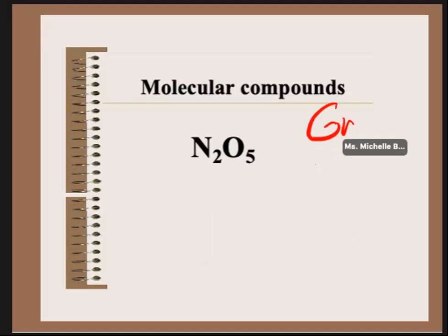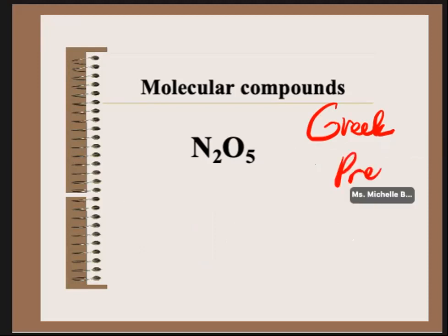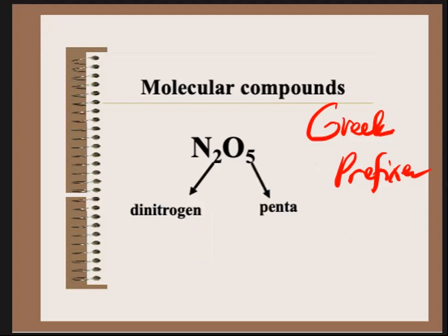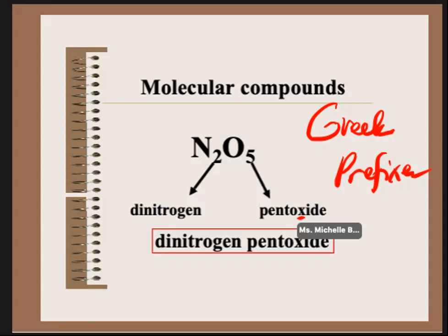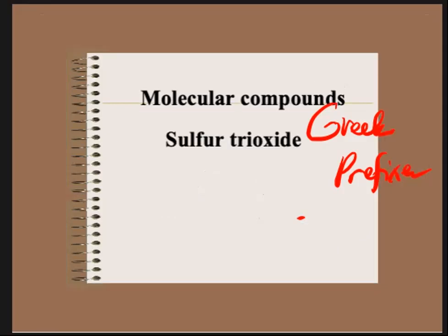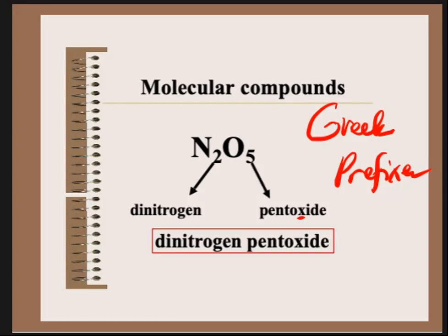Nitrogen has 2 atoms, so we have di, and that is dinitrogen. Then we have penta for 5, and that is pentaoxide. We take out the A because the next letter is a vowel. So that's pentoxide, dinitrogen pentoxide.